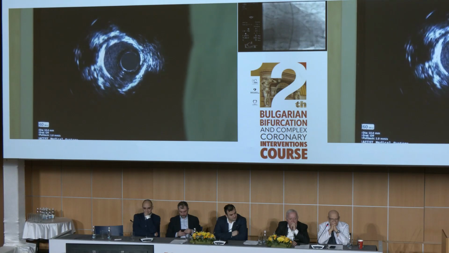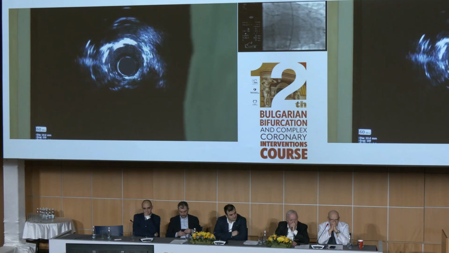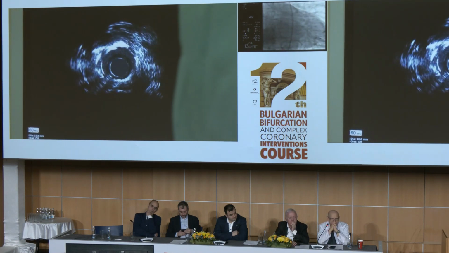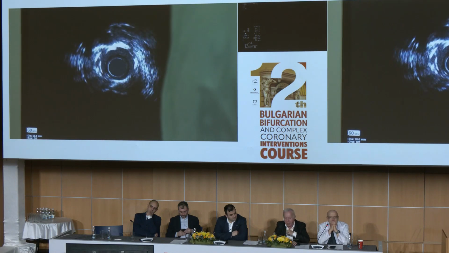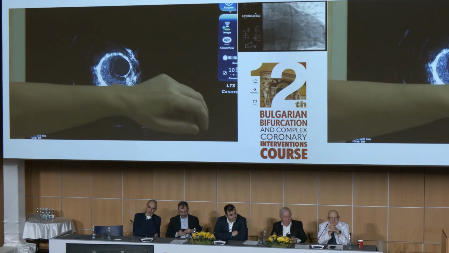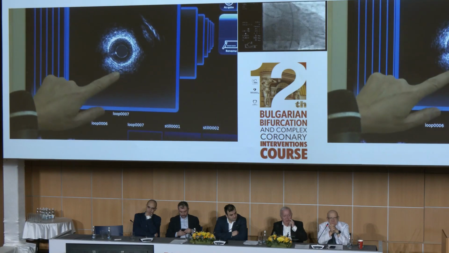Just to see where that is. This is the distal part, this bifurcation. Okay, another one is clear. Good.